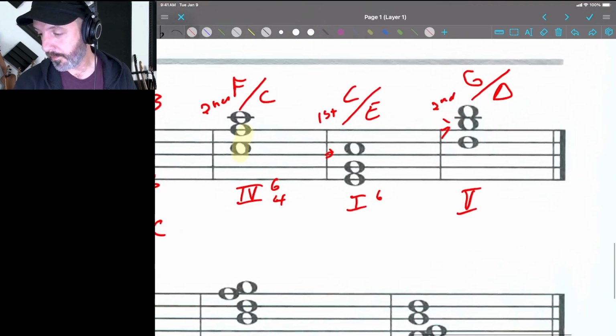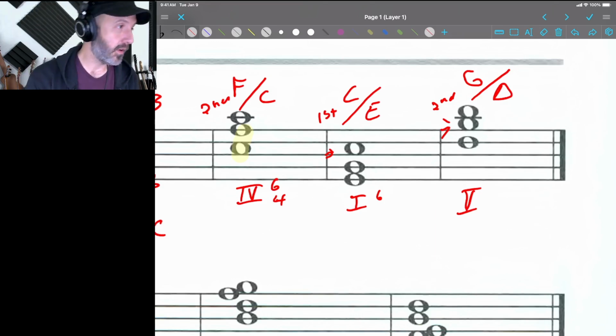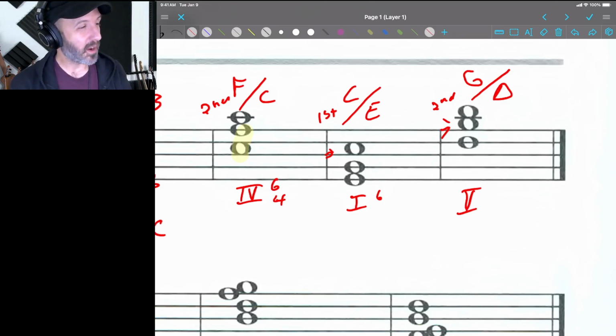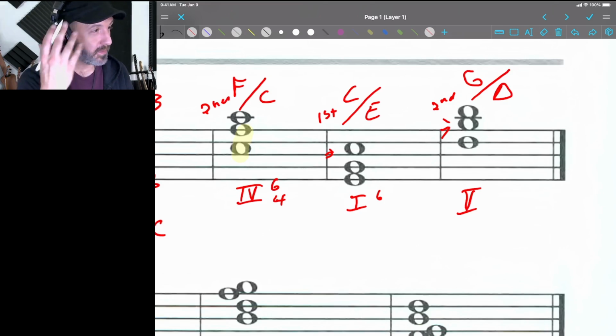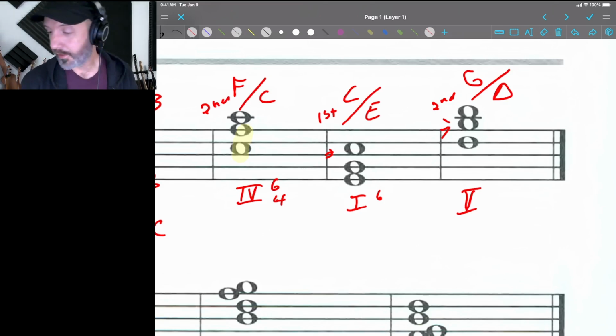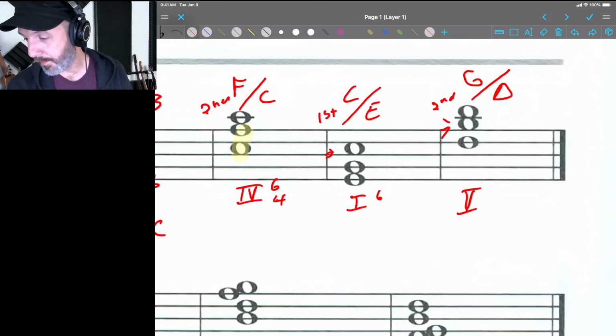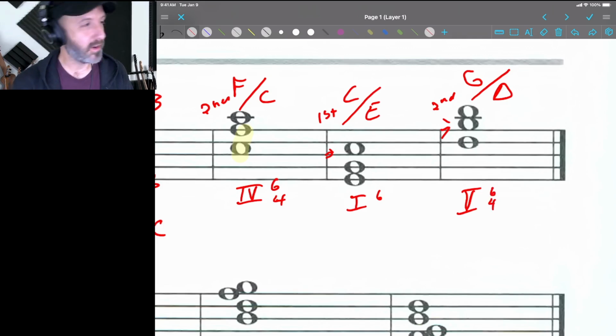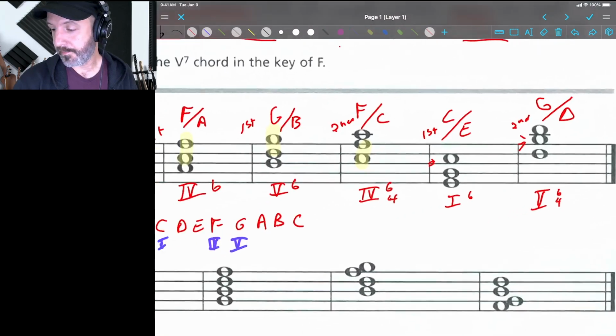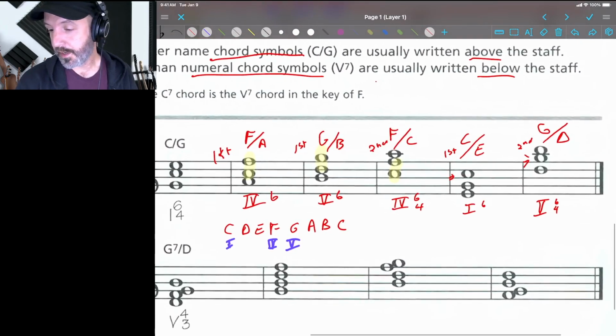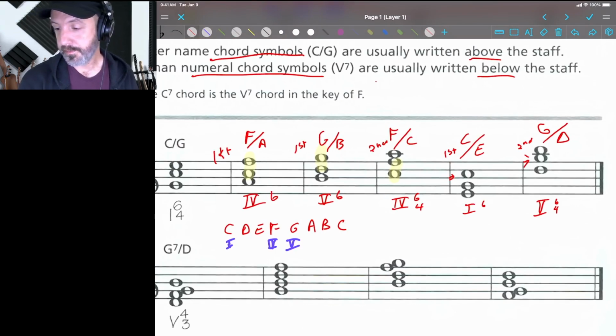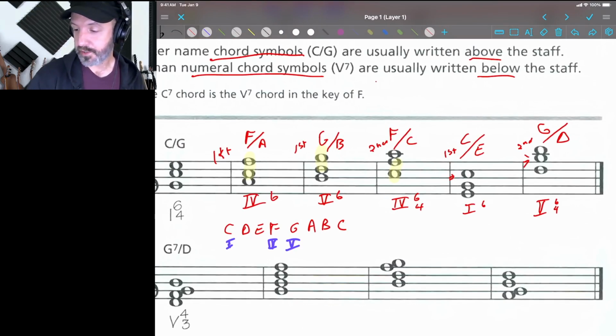Even after knowing these figured bass symbols, it took me a while of writing them out before I made the connection and it really started to click for me. But if I had waited till I understood all that stuff, it would take me too long to get started. Sometimes it's better just to get started. So there we go. All the second inversions have 6, 4. The first inversions have 6s.